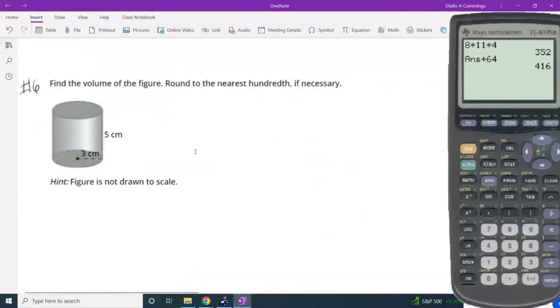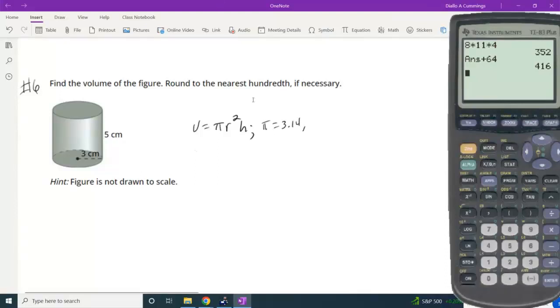Okay, for number 6, we're asked to find the volume of the cylinder, rounded to the nearest hundredth. So the correct formula for volume is the volume is equal to pi times the radius squared times the height. We want to substitute pi for 3.14.